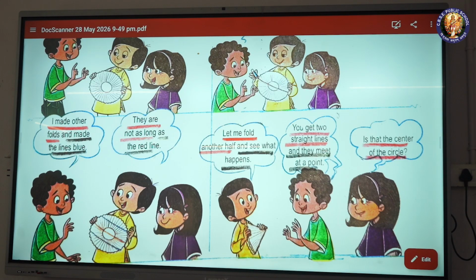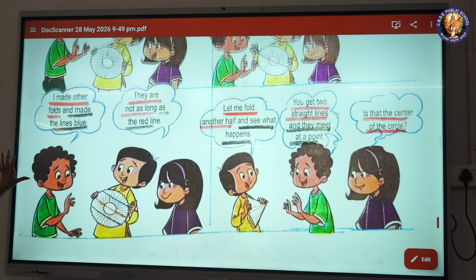They are not as long as the red line. Let me fold another half and see what happens. You get two straight lines and they meet at a point. Is that the center of the circle?